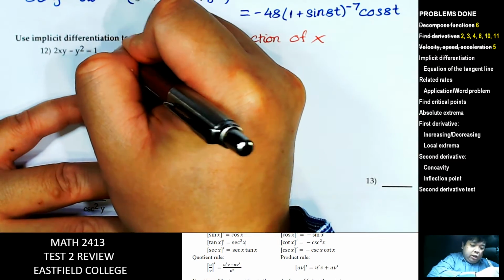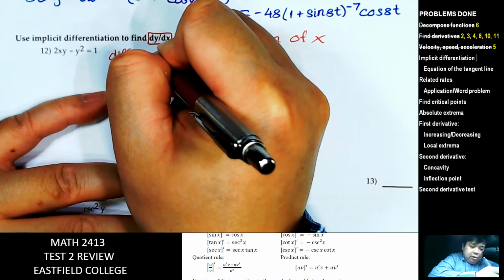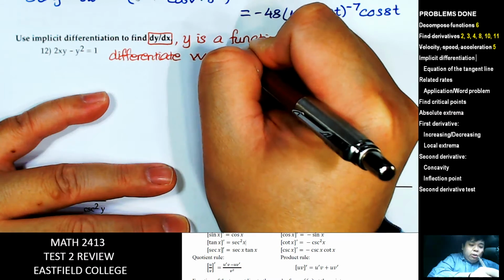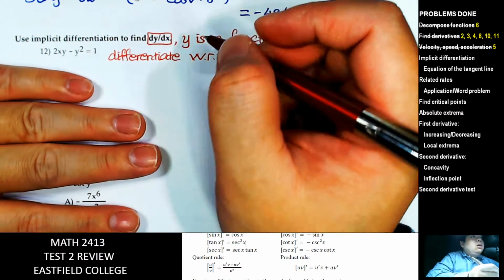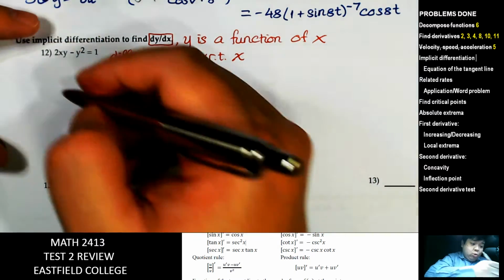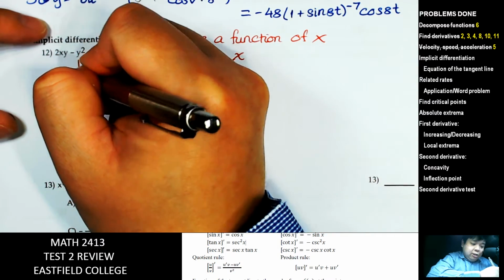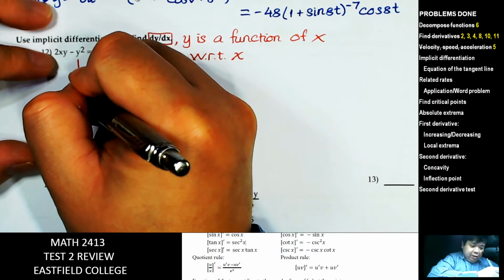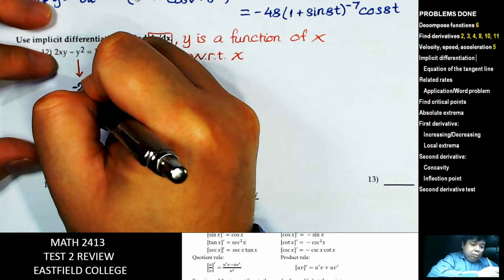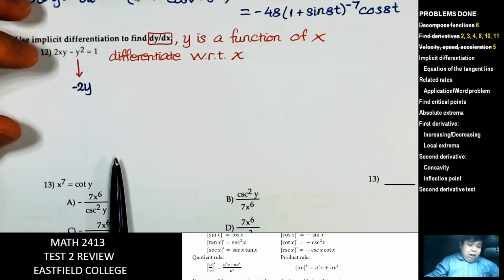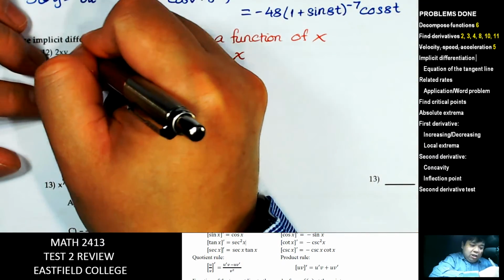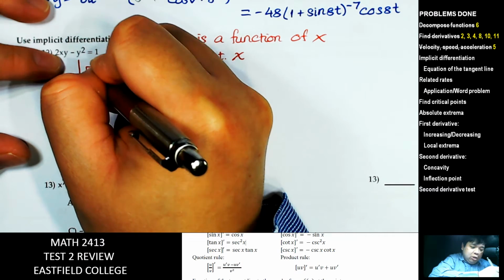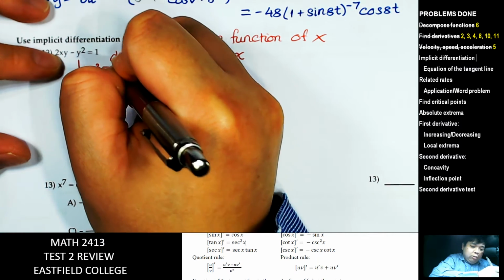So now we differentiate with respect to x. Now, derivative, we do for each one of them. This one will be negative 2y, but because y is a function of x, pretty much we're going to have like the box square, where the box is y and y equal to something.